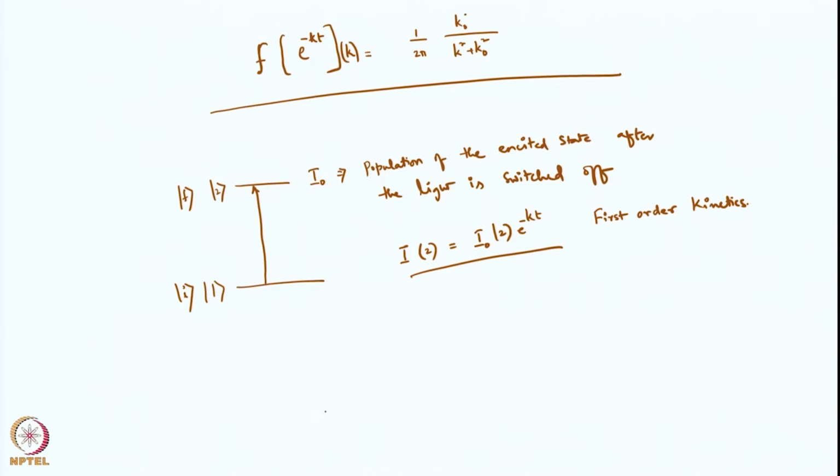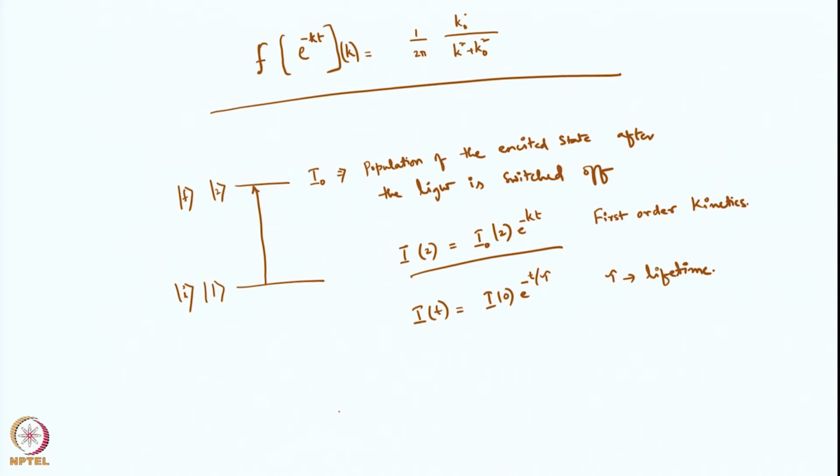Or one could really write it as I of t is equal to I of 0 into e to the power of minus t by tau, where we call tau the lifetime.